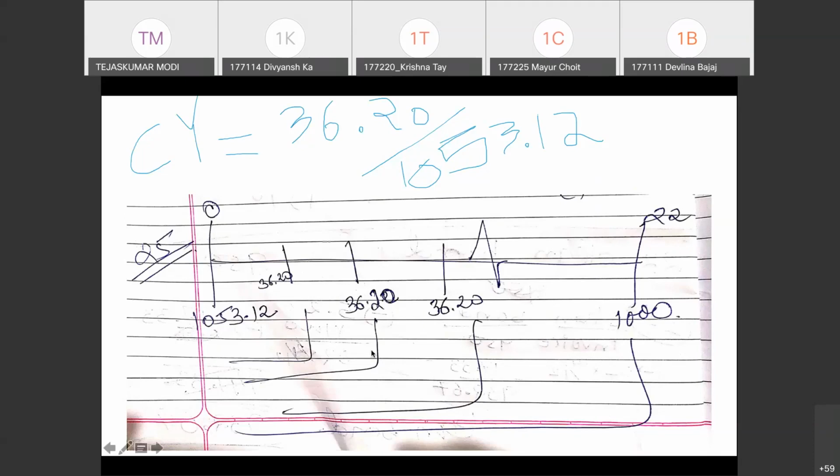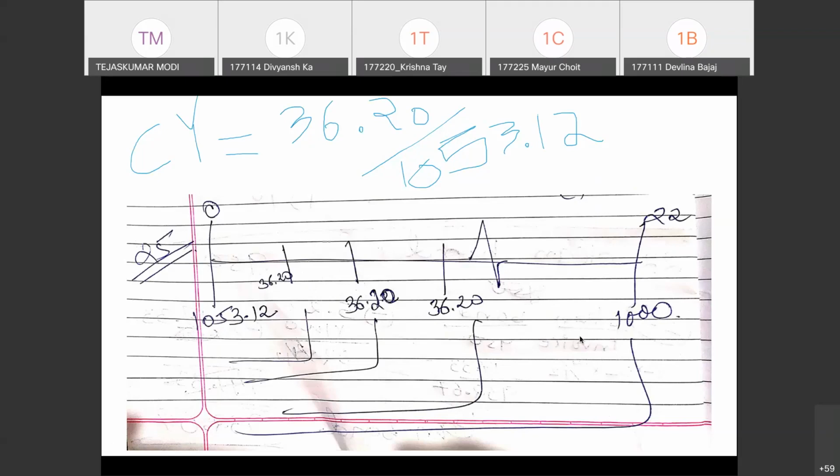Absolutely randomly I took 3%. So what I will do, I will calculate the present value of all this 36.20 discounting at 3% for 22 periods using the annuity formula, and then I will discount 1000 using the simple present value formula for 22 periods.